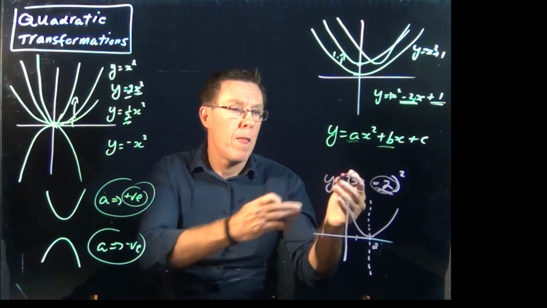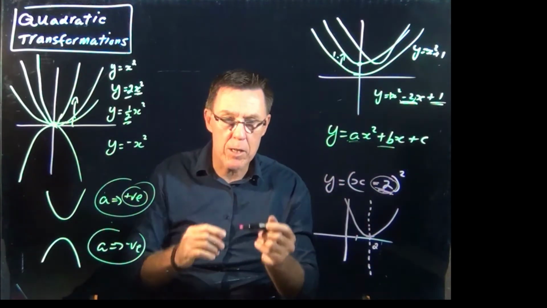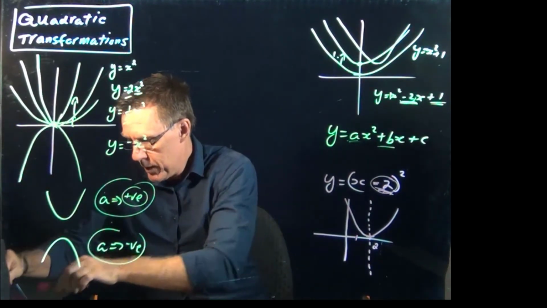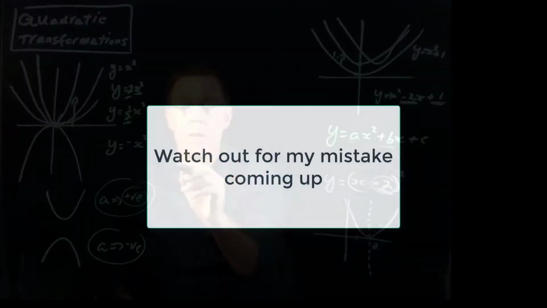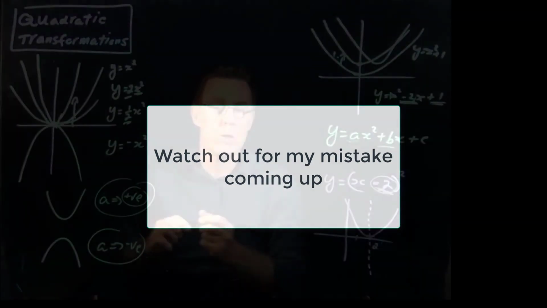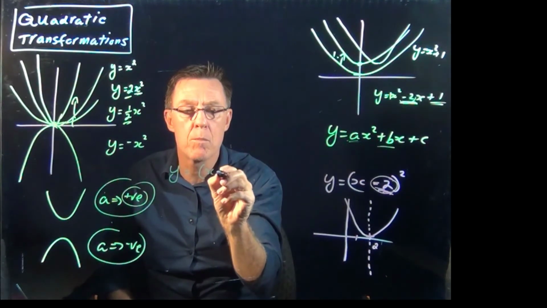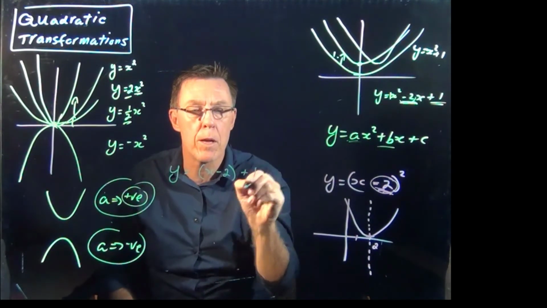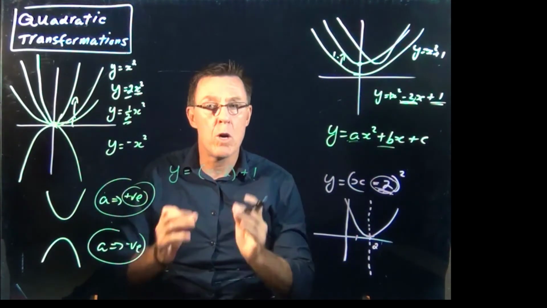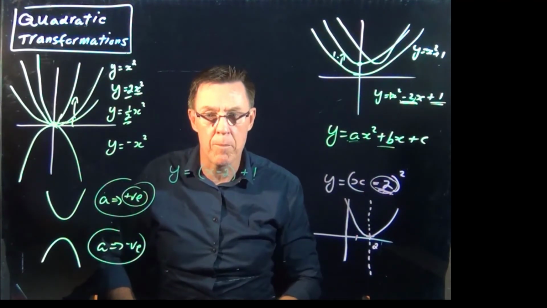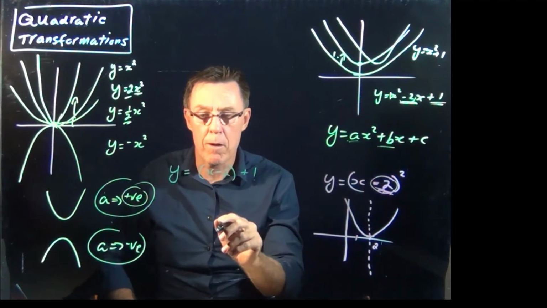Now, this particular format here, I'm going to stretch it out just a little bit more. This one, y is equal to (x minus 2) squared plus 1. This is sometimes known as the turning point formula. This one's a really easy one to graph.